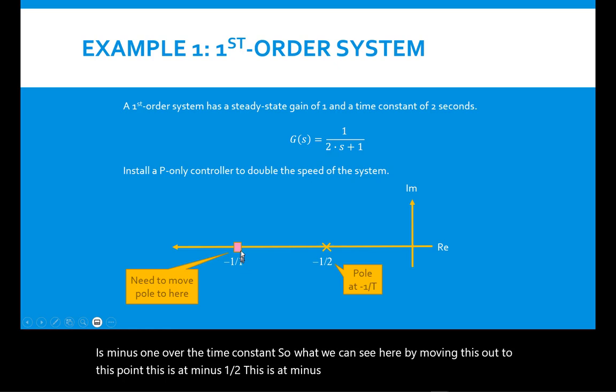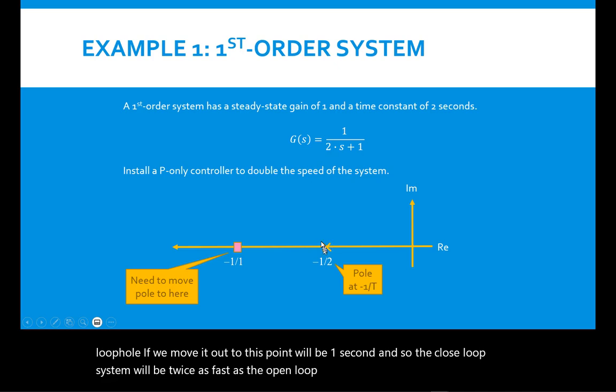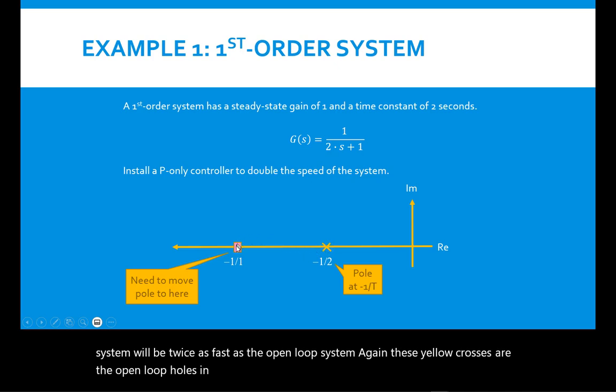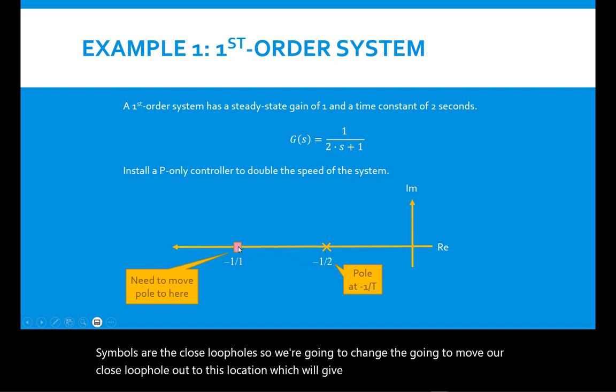The time constant of the closed loop pole, if we move it out to this point, will be 1 second, and so the closed loop system will be twice as fast as the open loop system. Again, these yellow crosses are the open loop poles, and the pink rectangular symbols are the closed loop poles. So we're going to move our closed loop pole out to this location, which will give us a time constant of 1 for the closed loop system.